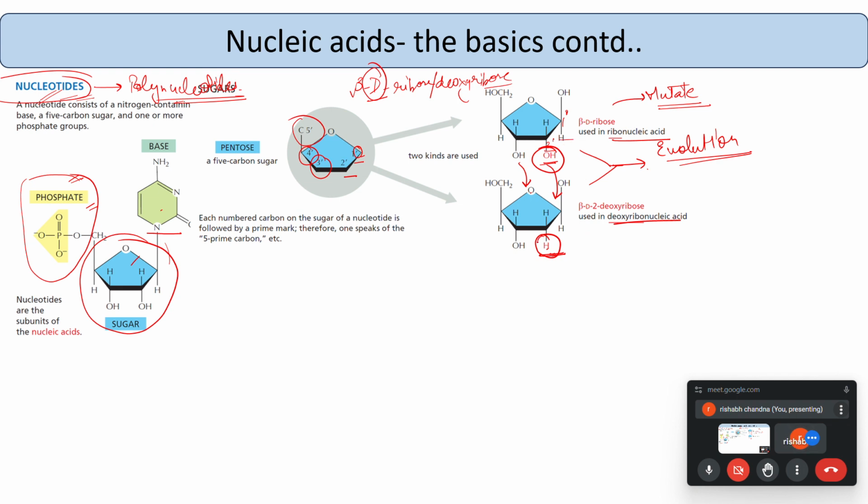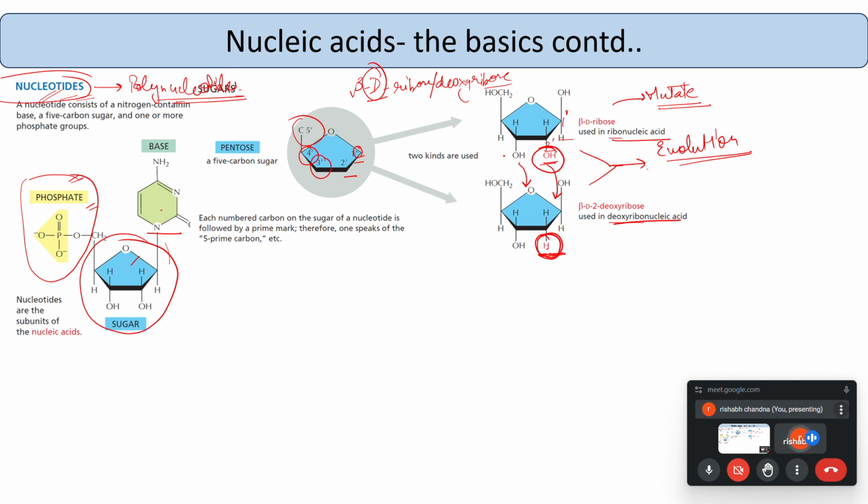That's why nature removed the 2 prime OH, so that in the continuing chain this OH does not behave as a reactive group. Okay, so this is how evolution happened from RNA to DNA.